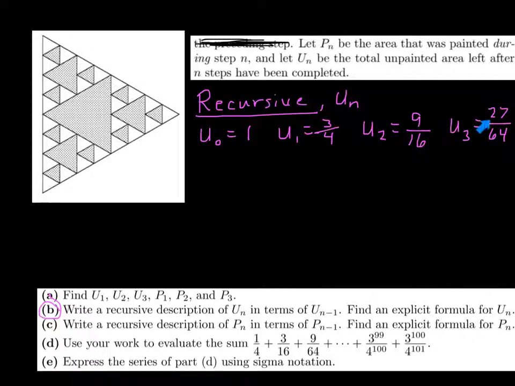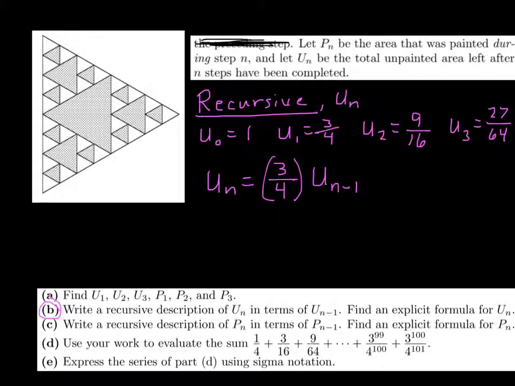So to get your description, this is your notation part of it, you say, to find u sub n, I take 3/4 times my previous term, which is u sub n minus 1. That's your formula for recursive.